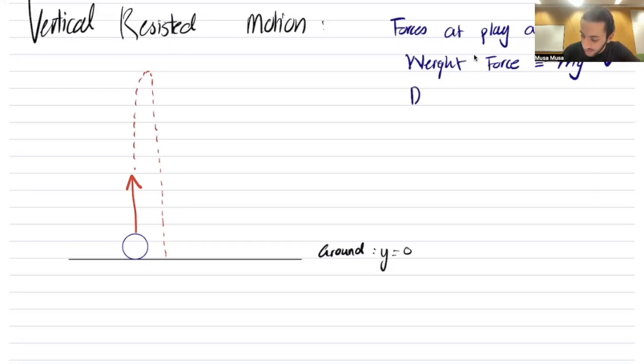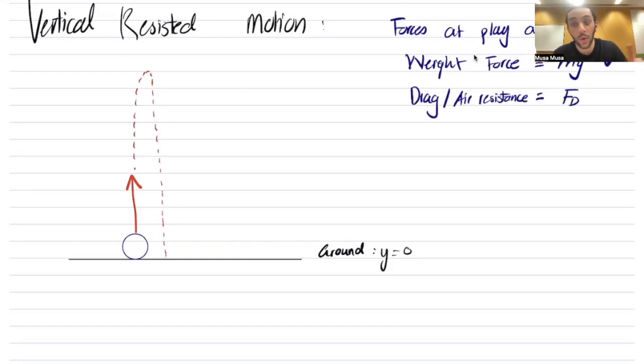And then the other one is drag or air resistance. This can be given by whatever formula they decide to give you. Sometimes it's mkv, sometimes it's mkv^n, whatever. Whatever it is, let's just call it FD, the drag force.